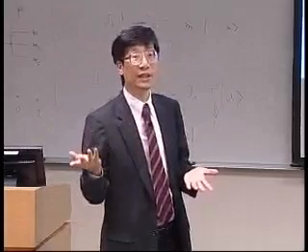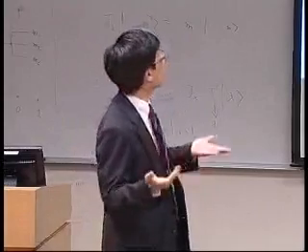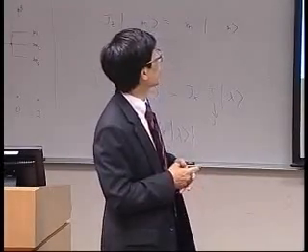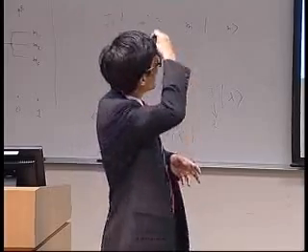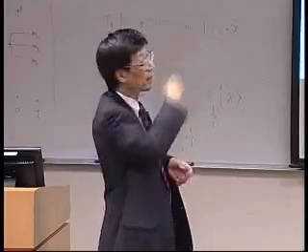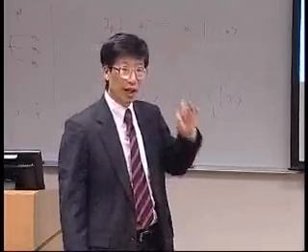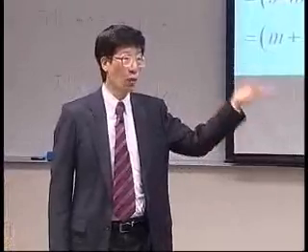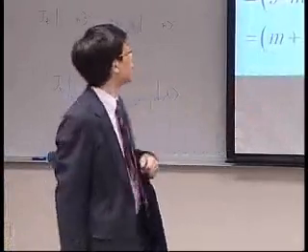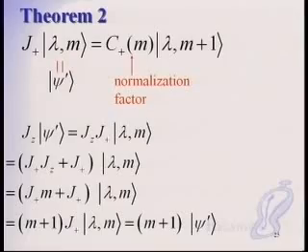There could be a normalization factor, right? And that normalization factor I just denote by C plus of m. Okay? So I will claim that this is the case. I will prove that J plus operating on something just increases the m value by 1. Now, let's see how that can be proved.